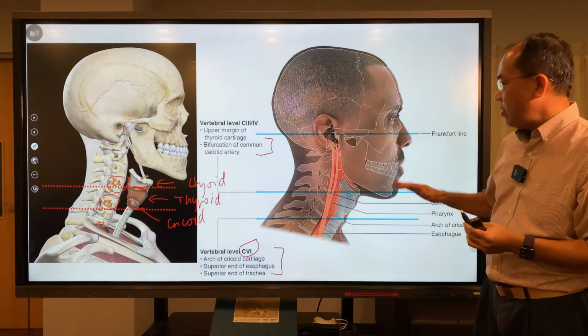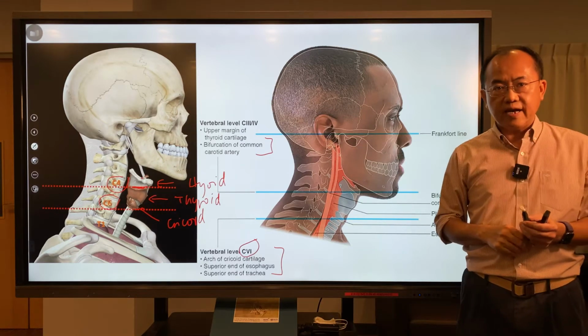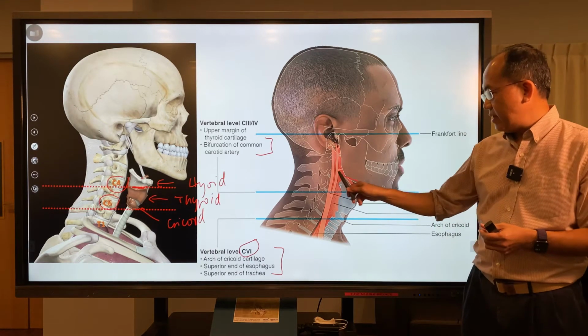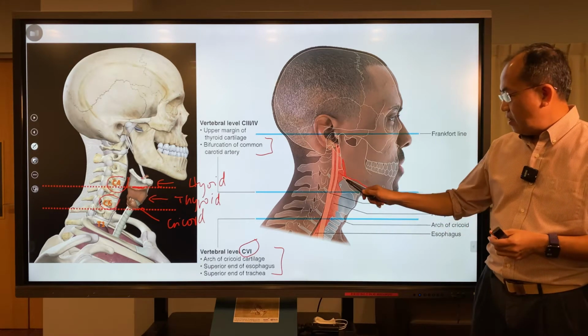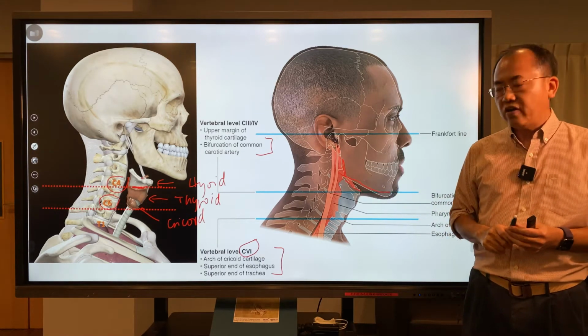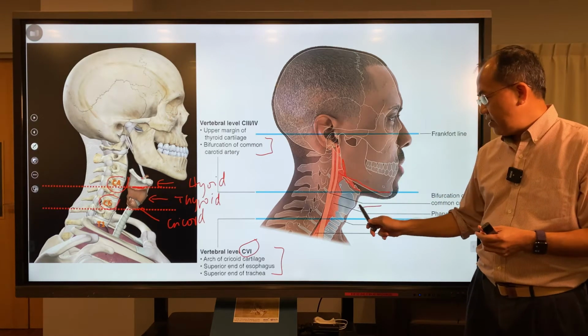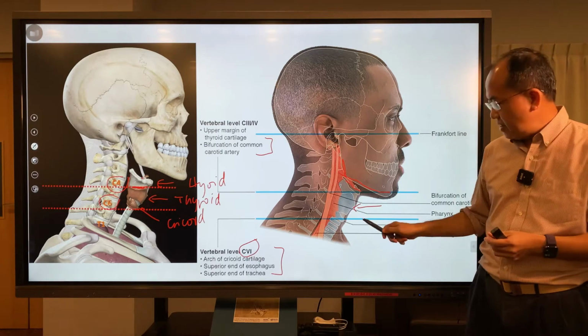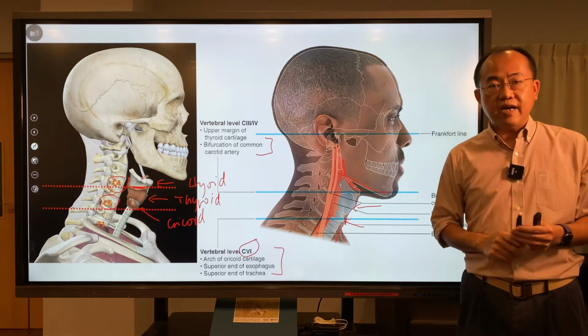If we look at the side view and superimpose some of the skeletal structures, first we locate the lower border of the mandible. Behind it will be the angle of the mandible. Then locate the hyoid bone. After that, locate the thyroid cartilage, followed by the cricoid cartilage before it becomes the trachea.